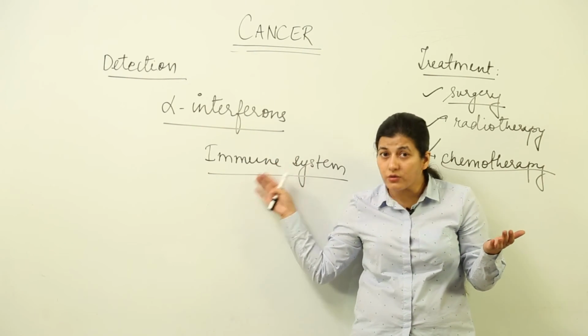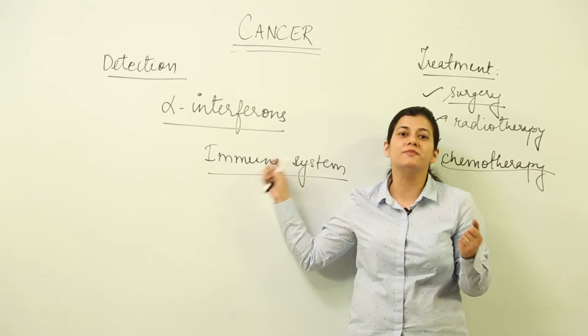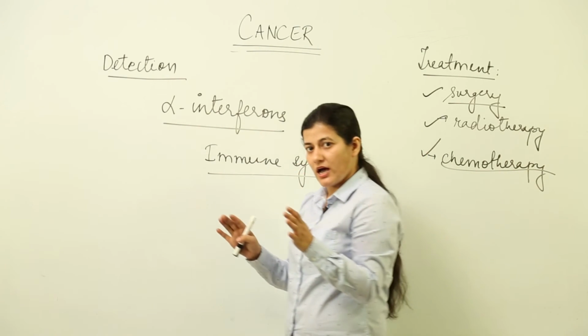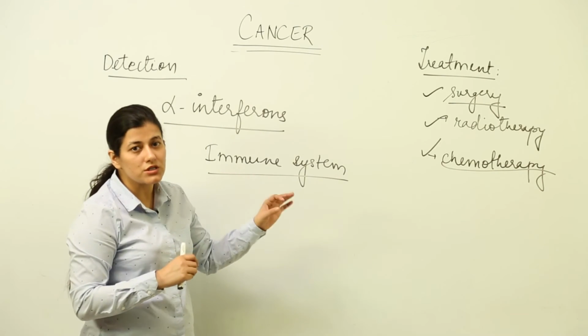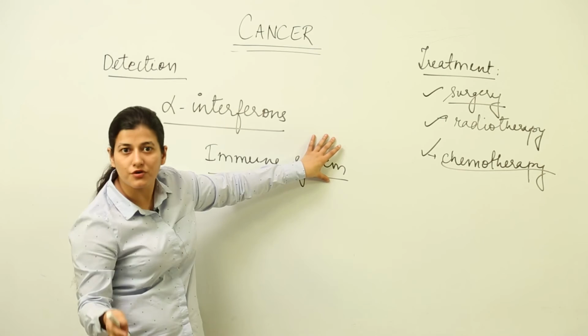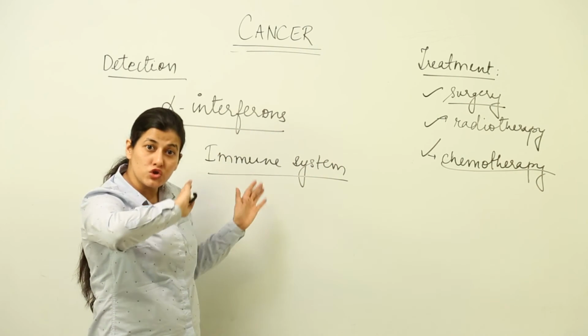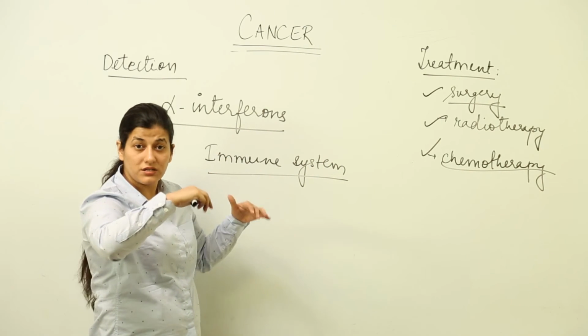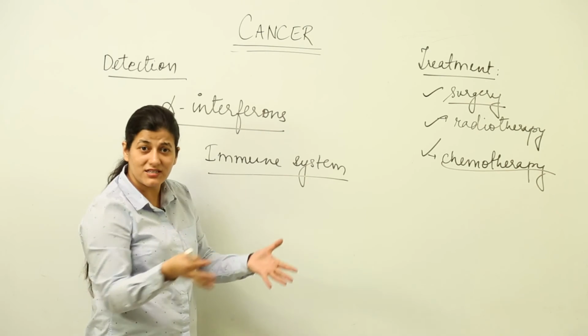Now, the immune system itself is compromised by the cancer cells. You might be asked why the immune system is not able to detect the cancerous growth of cells in the beginning itself and get rid of it. Instead, it comes into the scenario only when it becomes so lethal, or almost overtakes and subsides the entire system.